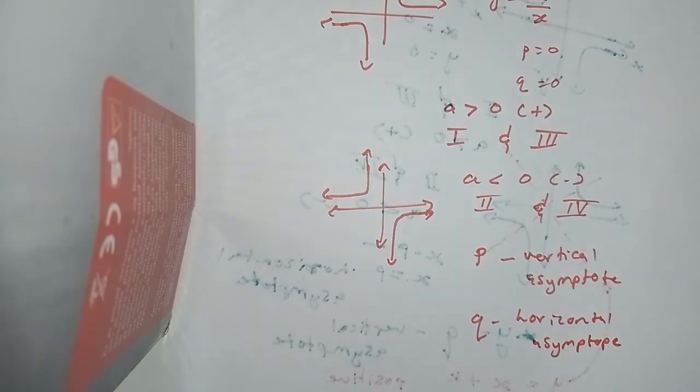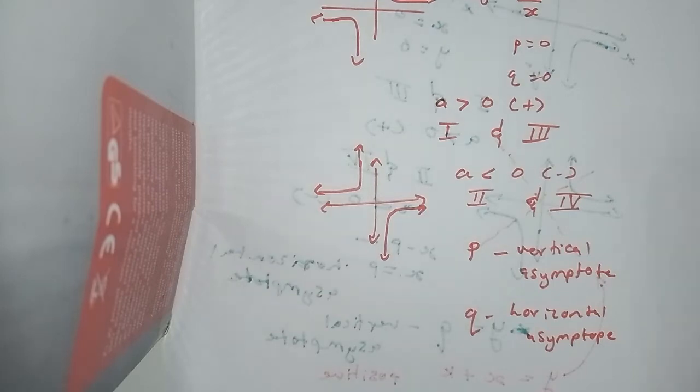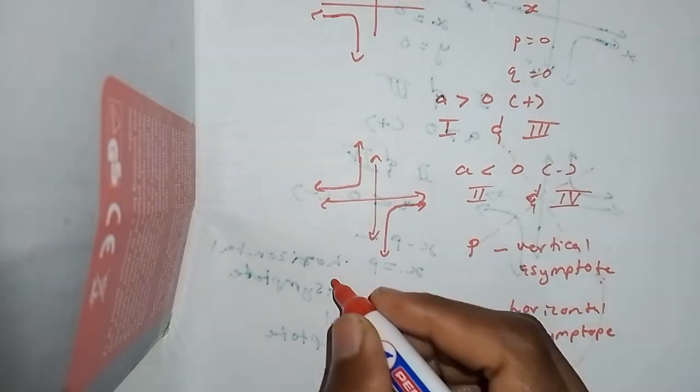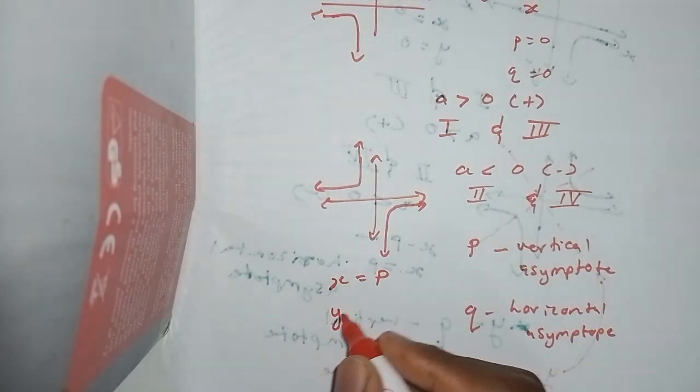Sometimes they'll ask you to write the equations for the asymptotes. When they say I must write the equation for the asymptotes, I'll write x is equal to p, and y is equal to q. Those are my equations.